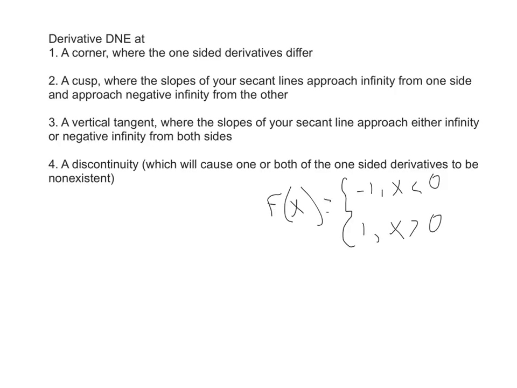Therefore, the derivative doesn't exist at x equals 0. So know these 4: a corner, a cusp, a vertical tangent line, or a point of discontinuity. A corner, a cusp, a vertical tangent line, or a point of discontinuity are the 4 places where a derivative at a point will not exist.